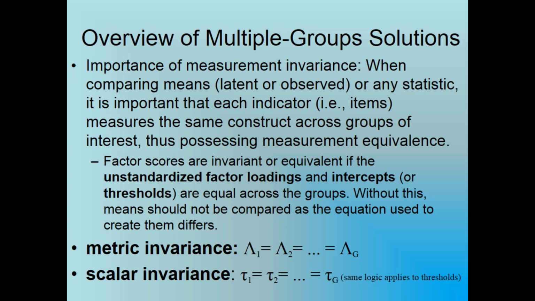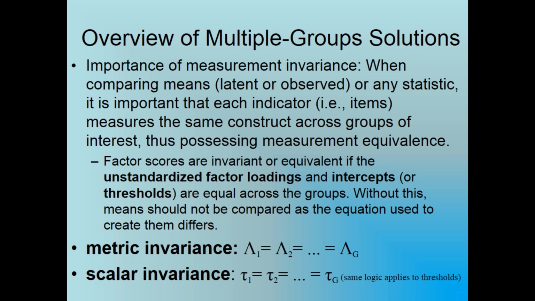Whenever you compare two means or regression coefficients, correlation coefficients, whatever you might want to compare within statistics, you're always making the assumption that those scores are created in the exact same way across groups.